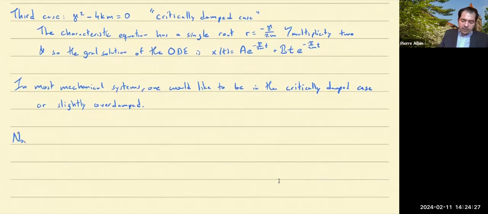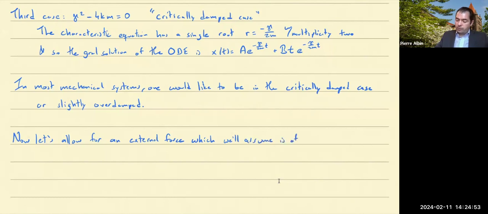Okay, so now let's allow for an external force which, like last time, we're going to assume is just a very simple periodic function. So we're going to assume it has the form some constant F naught times sine of omega t.